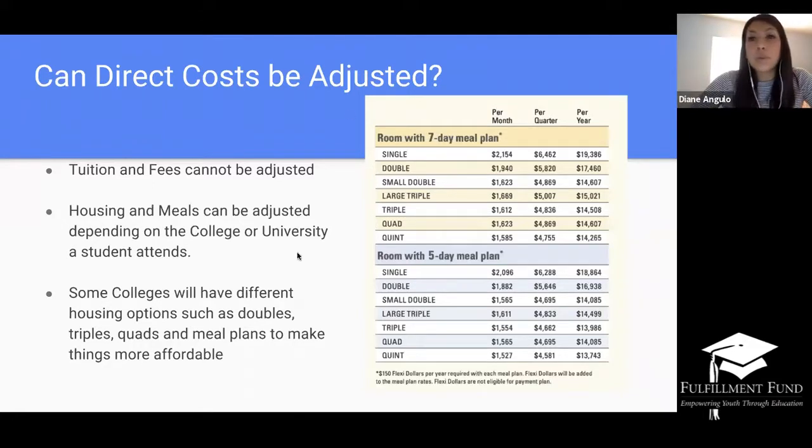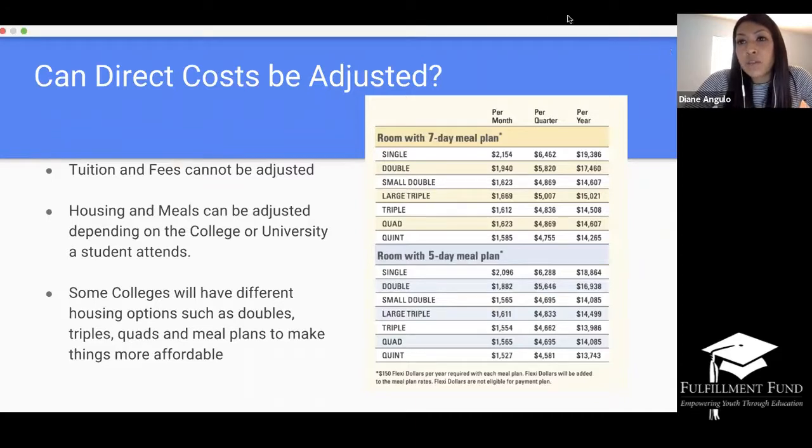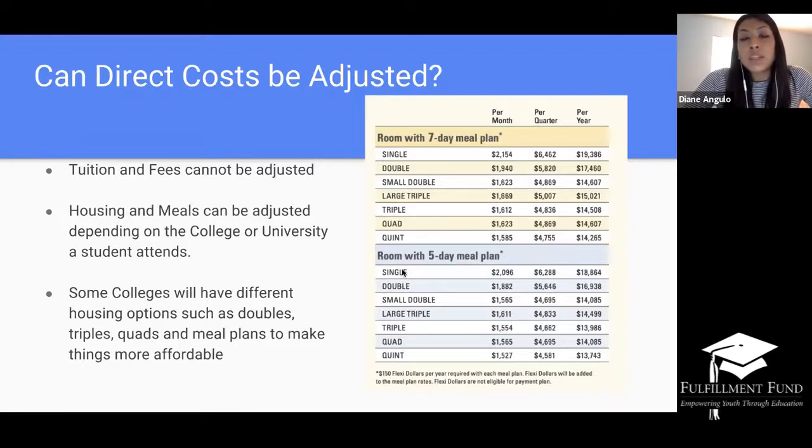So here's an example. Depending on if you're attending a Cal State, a private college, a UC, these are some examples of what college campuses offer. So in this example, this is a room with a 7-day meal plan. So the student would have the option of paying it per month, per quarter, per year, but these are the room options.